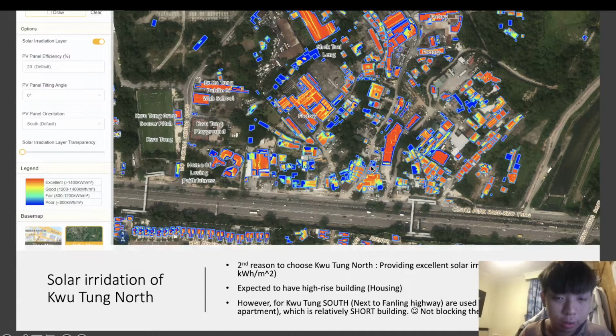This is because the second reason why I chose here is the very excellent solar irradiation, shown in the GIS map by EMSD. It provides excellent solar irradiation, which is beyond 1,440 kilowatt hours per square meter.